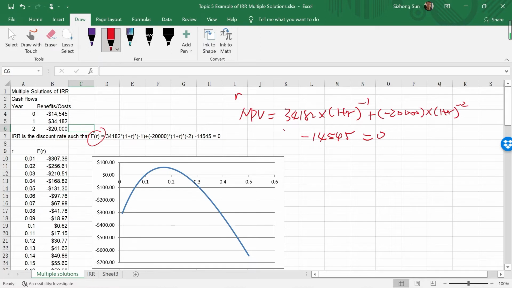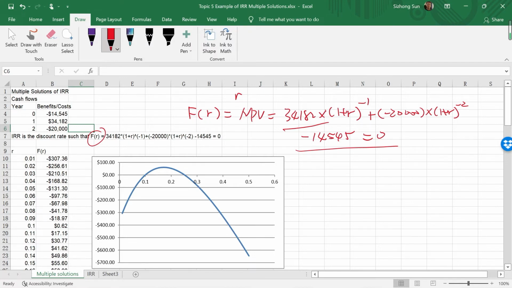So we want to solve for this, which is actually a quadratic function. Rather than solve this, let's visualize. So now let's call this f, a function of r. This NPV, this f, is a function of r.